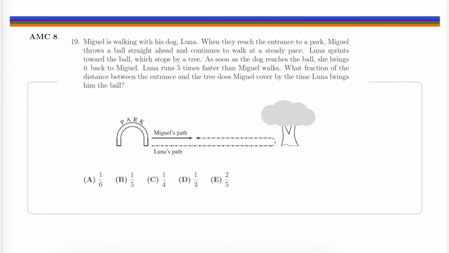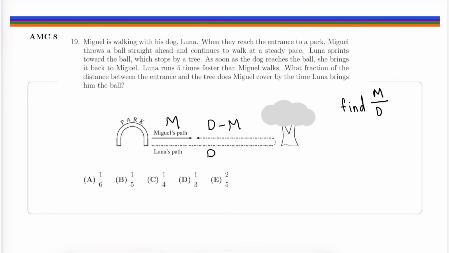Okay, so I'm going to start by calling Miguel's distance that he travels M. And then Luna's path, since it's the distance from the park to the tree, will be D, and this distance will be D minus M. The question is asking what fraction of the path Miguel walks. So we need to find how much Miguel walks over the total distance.